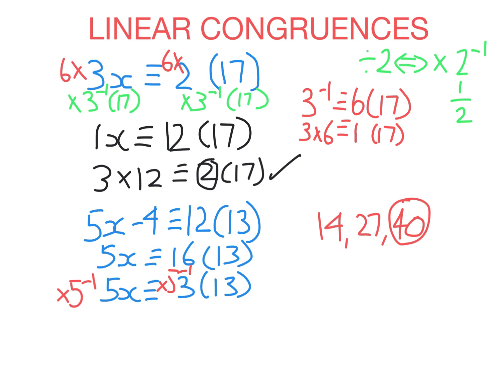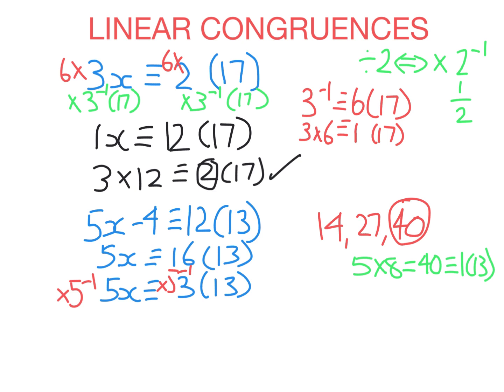So the inverse of 5 modulo 13 is 8 because 5 times 8, which is 40, is equivalent to 1 mod 13. It's 1 more than a multiple of 13. So I'm going to multiply each side by 8. What you do to one side, you must do to the other.